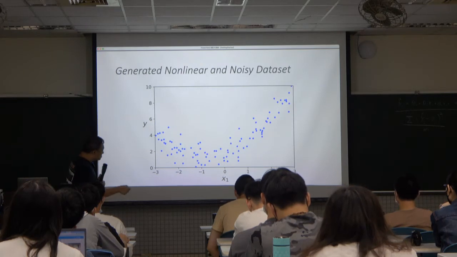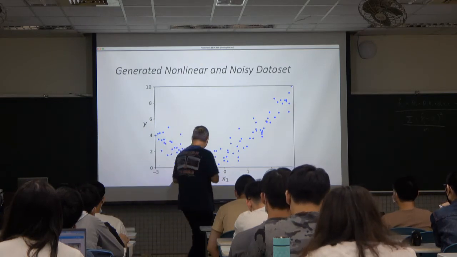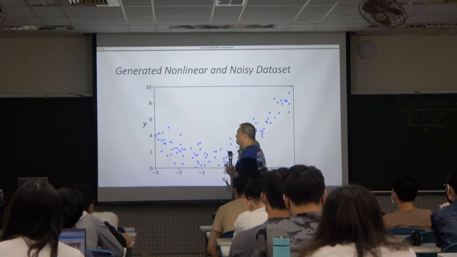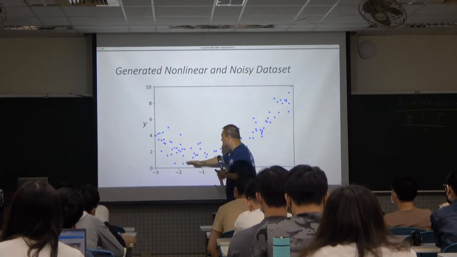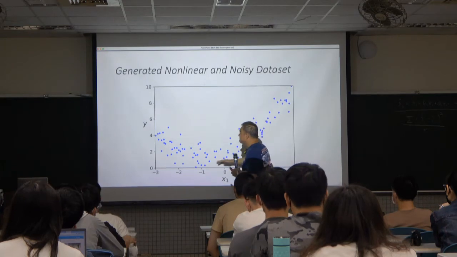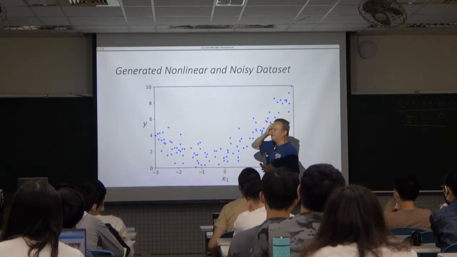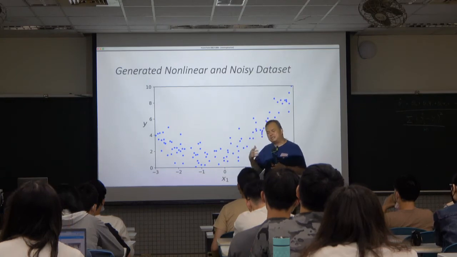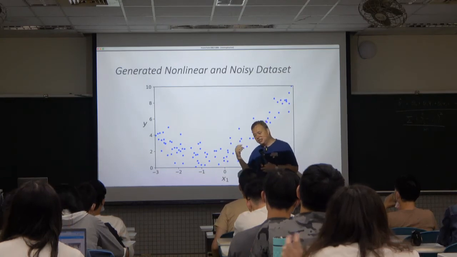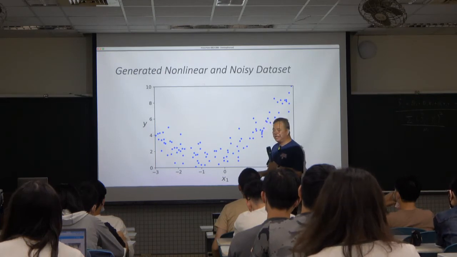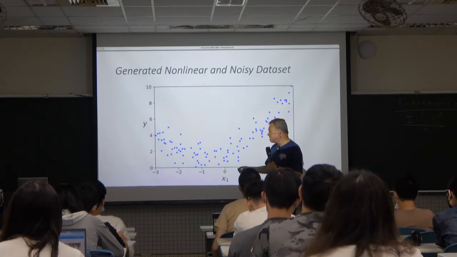You can probably observe that this data set has a trend something like this, which should be close to the equation that we used to generate this data set.